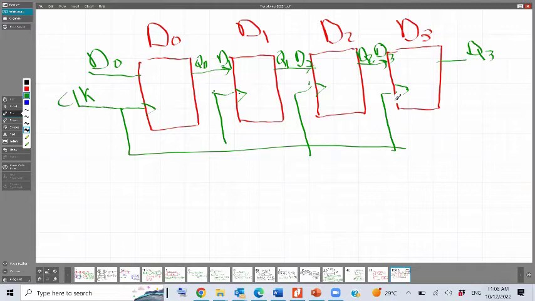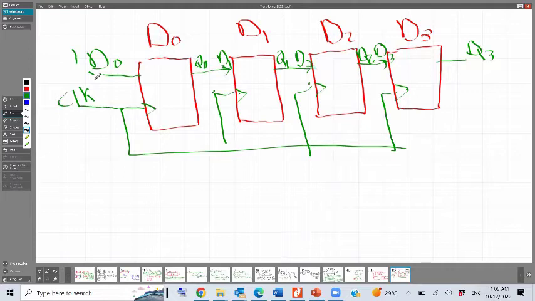If I input 1 in here, with the rising edge, it will go to Q0. Then nothing else will happen because everything is at the very beginning. All of them are zeros.